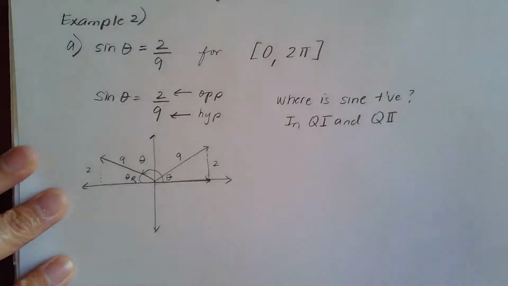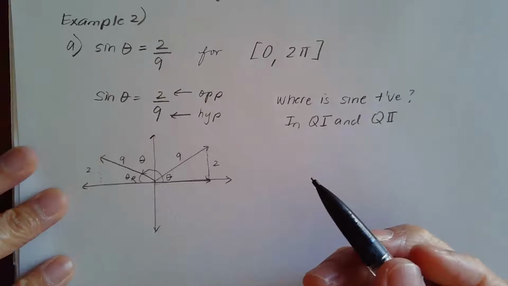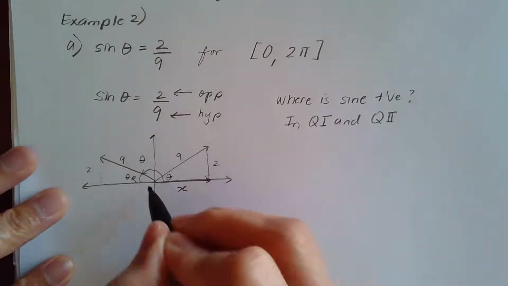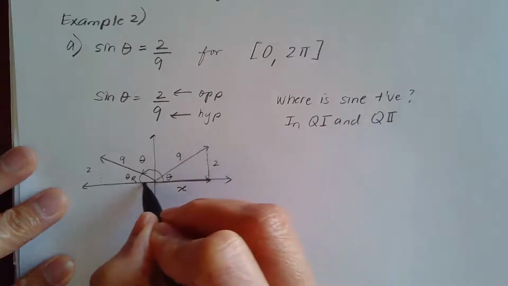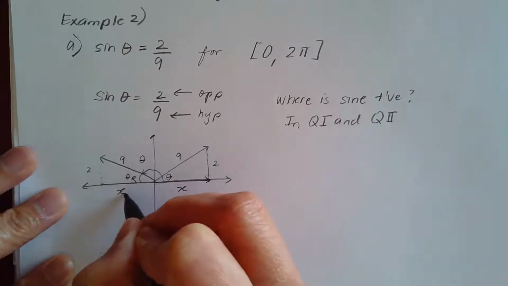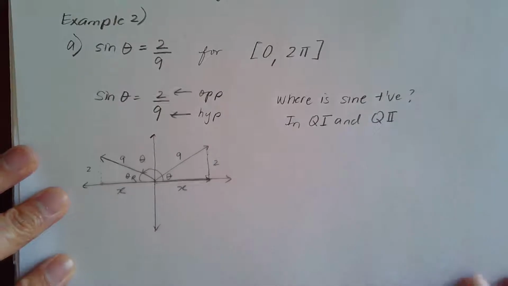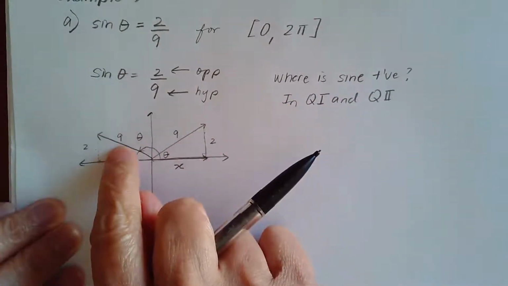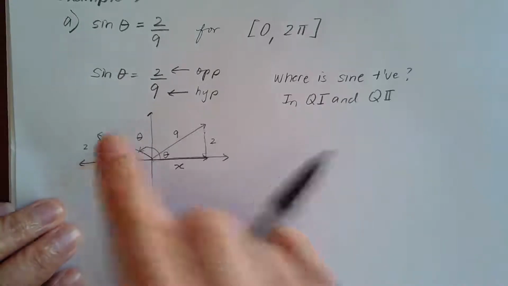How do we figure out the other trig ratios? To figure out the other trig ratios, we need to find x, the adjacent, for this triangle, and then the adjacent for this triangle. So how do we do that? Let's just focus on this one first because it's going to be very similar for quadrant number 2.